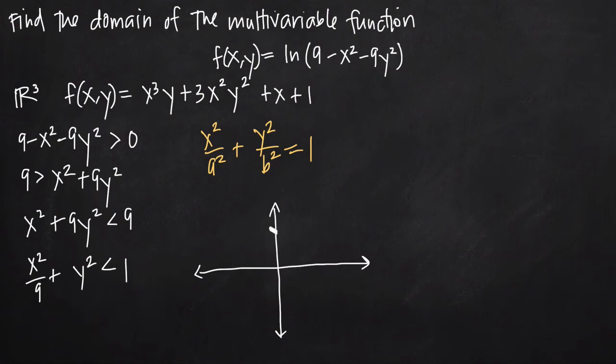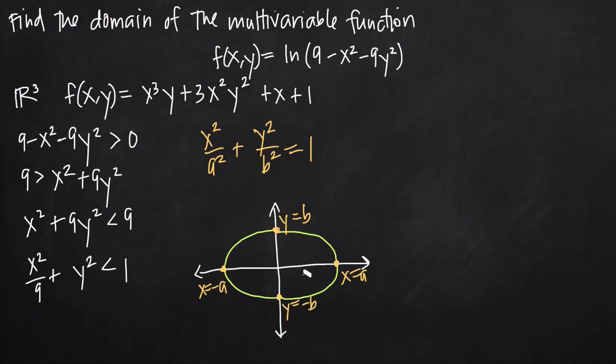We'll draw it here in green. So it's a wide ellipse that's centered at the origin like this, and this point right here is going to be x equals a, this point is at x equals negative a, this point is at y equals b, and this point right here is at y equals negative b.